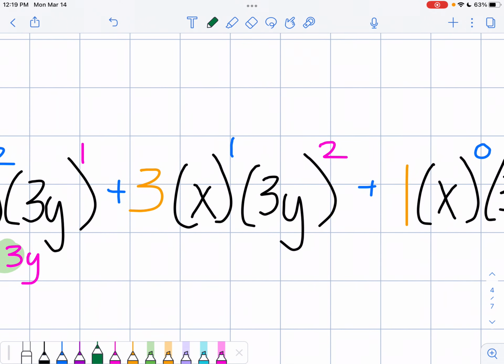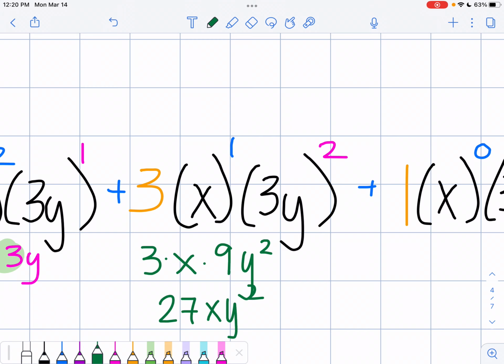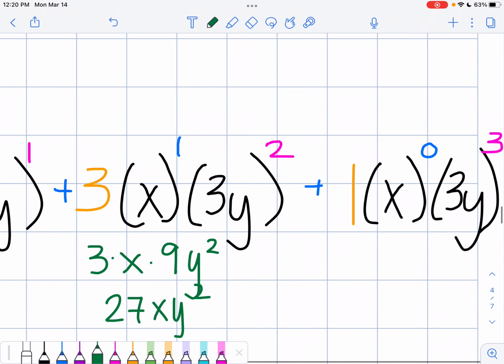Next, I have this 3 stays, x to the first is x, 3y squared is going to be, I have to square each one, so 3 squared is 9, and y squared is y squared, and then I'm going to multiply my numbers. 3 times 9 is 27xy squared. And then last but not least, I come over here.